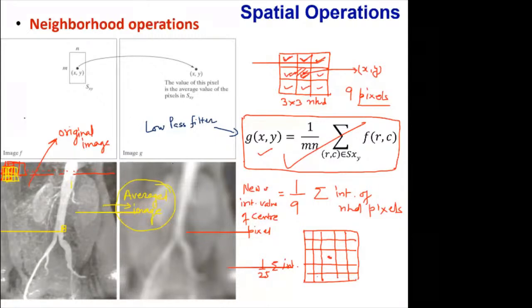There are processes you will come to know later, like segmentation, where in order to distinguish between two objects, this type of averaging is very useful.